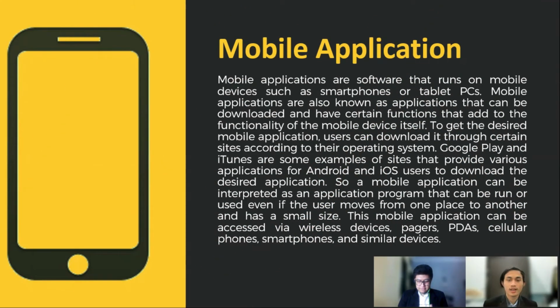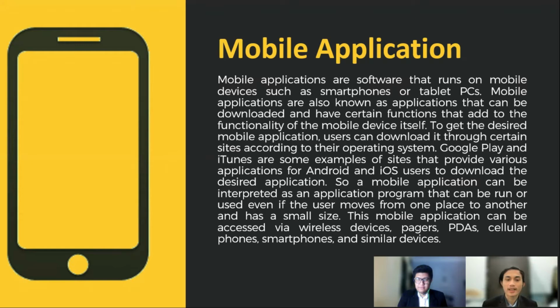Mobile applications run on mobile devices such as smartphones or tablet PCs. Mobile applications are also known as applications that can be downloaded and have certain functions that add to the functionality of the mobile device itself. To get the desired mobile application, users can download it through certain sites according to their operating system.